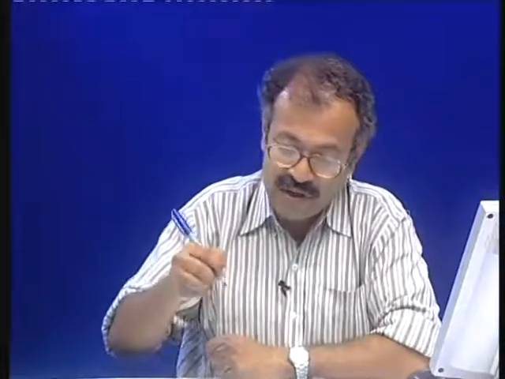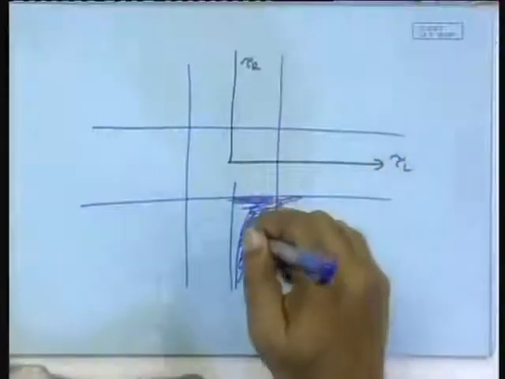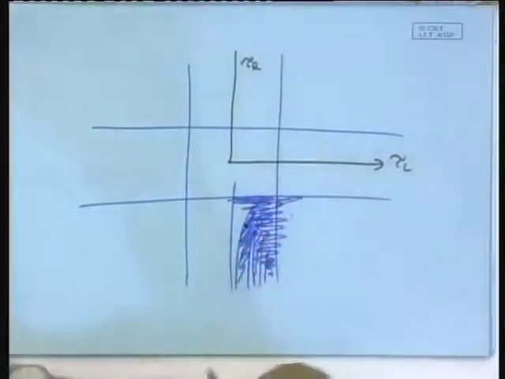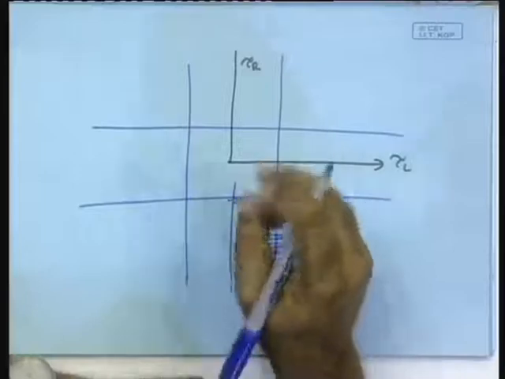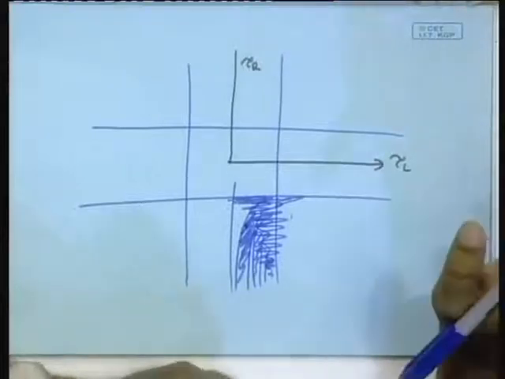And then we will say that for the particular parameter that I have chosen, it falls here, and from the theory we can see that it must lead to the transition from a periodic orbit to a chaotic orbit, and that is exactly what happens. Clear?